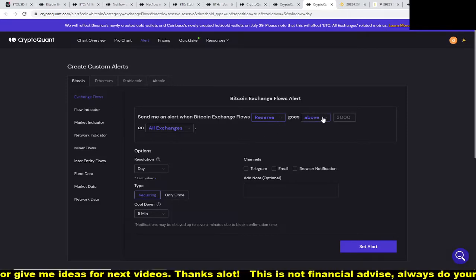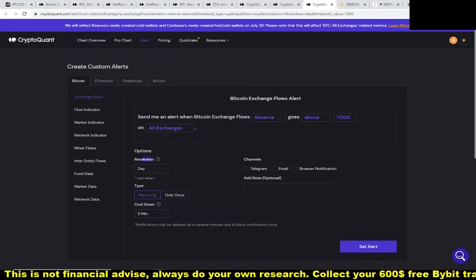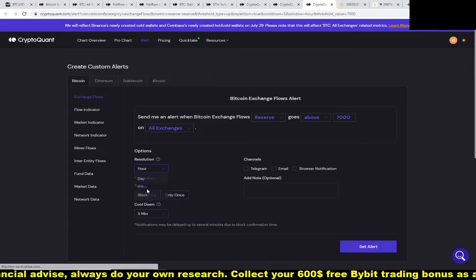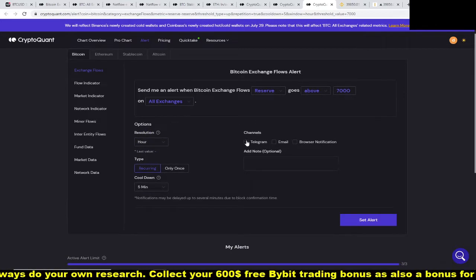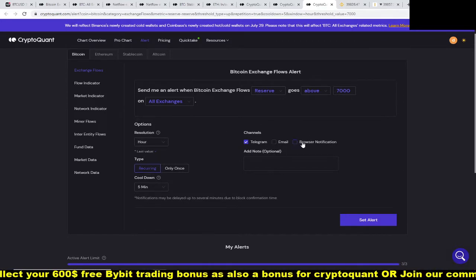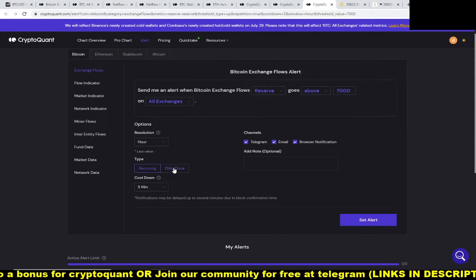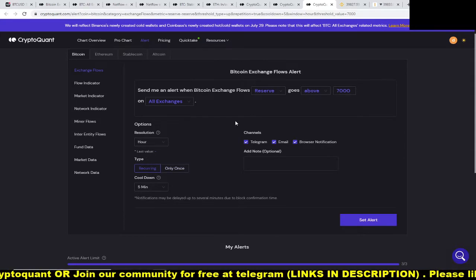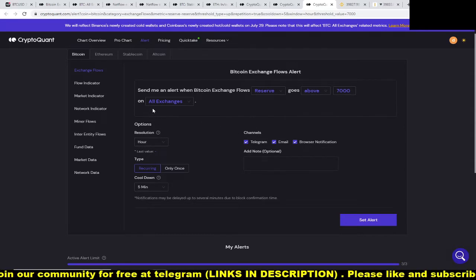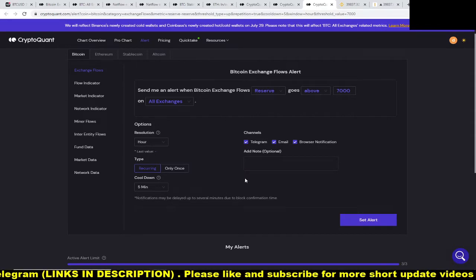Whenever the reserve is going above 7,000 on all exchanges, on the resolution I'm using the hourly, I can get an alert on Telegram, I can get a browser notification or an email, and I'm getting all these three. And type is recurring, so not only once, so every time that there is an inflow of more than 7,000 Bitcoin on all exchanges together combined, I will get an alert.